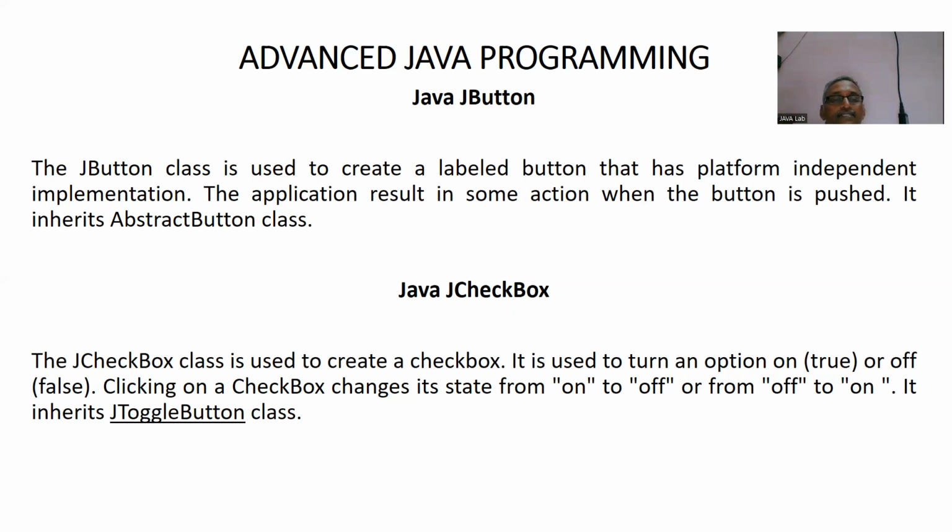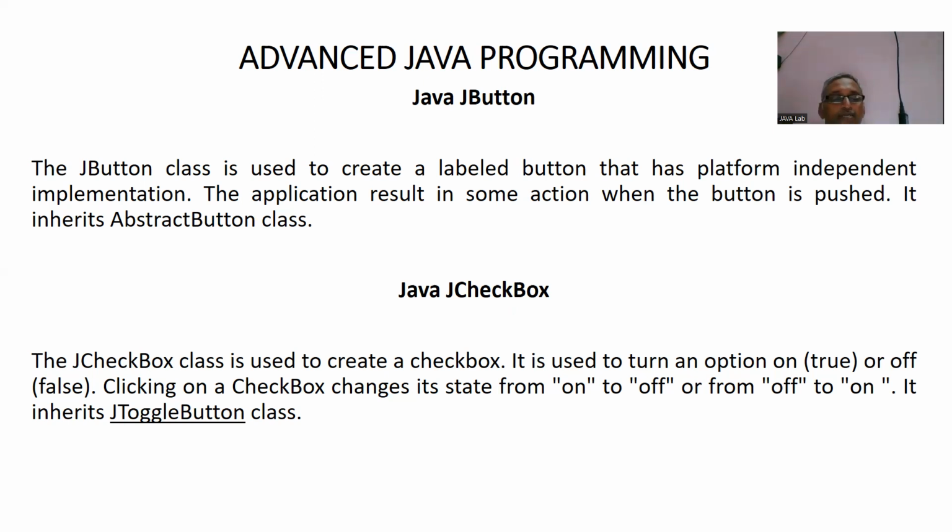The second creates an initially unselected checkbox with text. The third creates a checkbox with text and specifies whether or not it is initially selected. The last creates a checkbox where properties are taken from the action supplied.